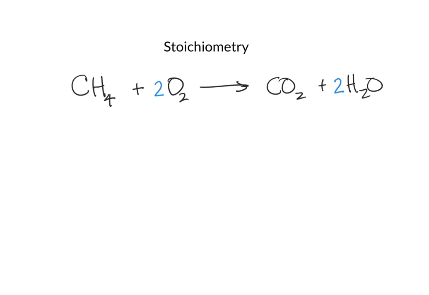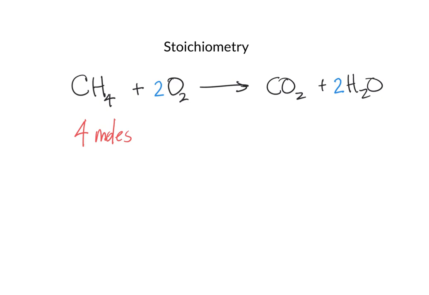Now, let's say, for instance, that I don't want to react 1 mole of methane. Let's say instead I have 4 moles of CH4. Well, that means I'm going to react 4 times the quantities in this equation.